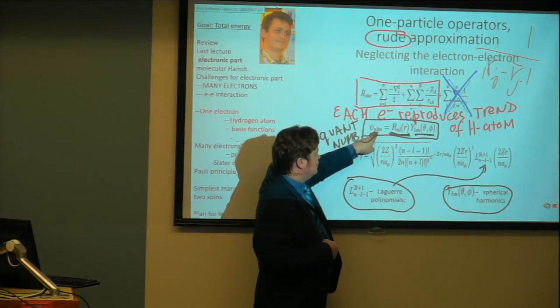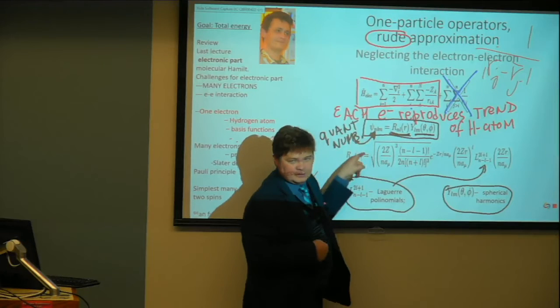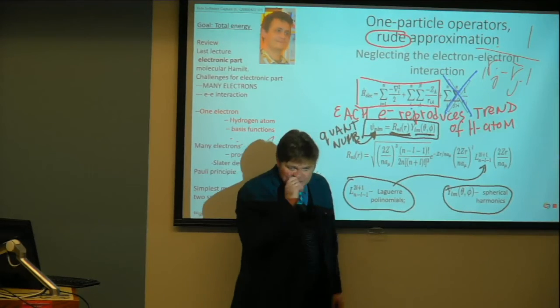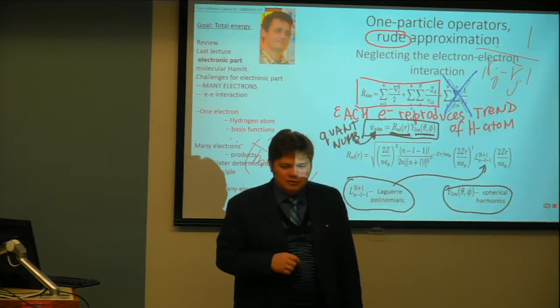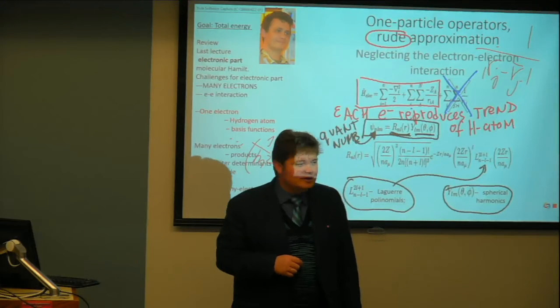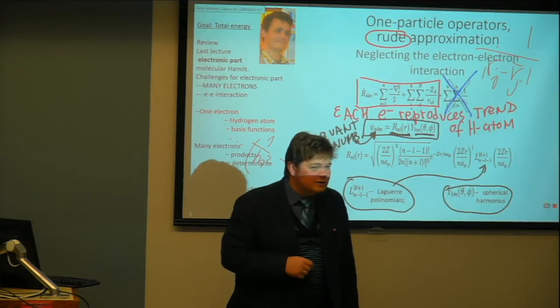There are principal, orbital, and magnetic. Please give me a little sign if these three words are not known or you are shocked by the list. Principal, orbital, and magnetic. Everyone is happy with them?